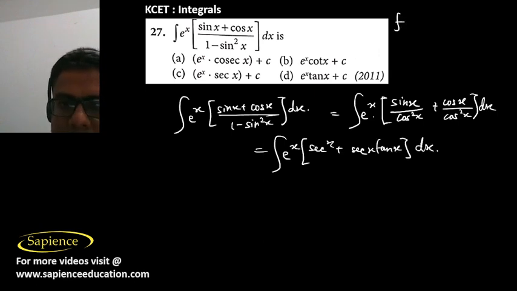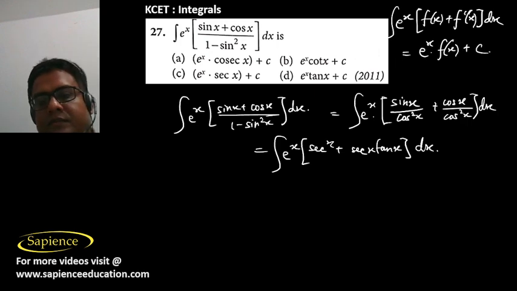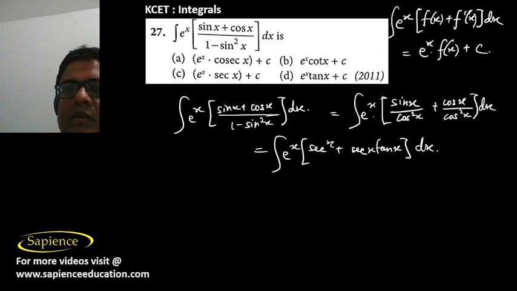Now there is a rule: integral e power x into f of x plus f dash x dx is equal to e power x into f of x plus c.